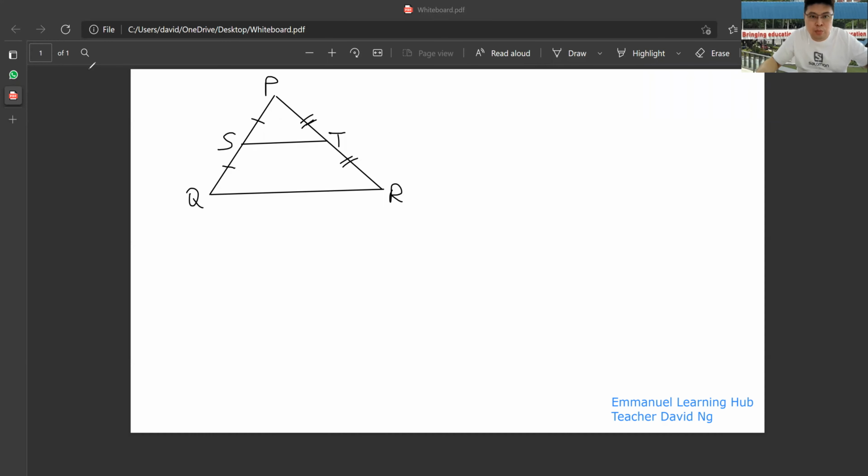Okay, here I would like to present to you the midpoint theorem.